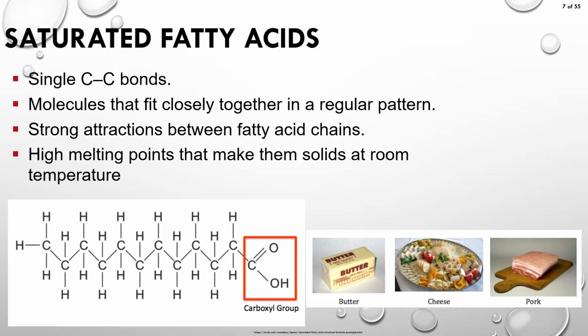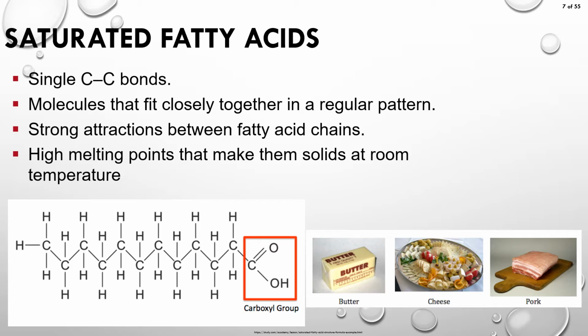It indicates that the maximum possible number of hydrogen atoms are bonded to each carbon in a molecule. So when we say saturated fat, it is a type of fat in which the fatty acid chains have all or predominantly single bonds. Therefore, they have no double bond.